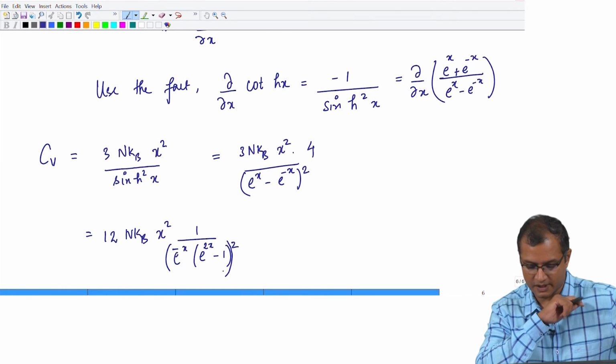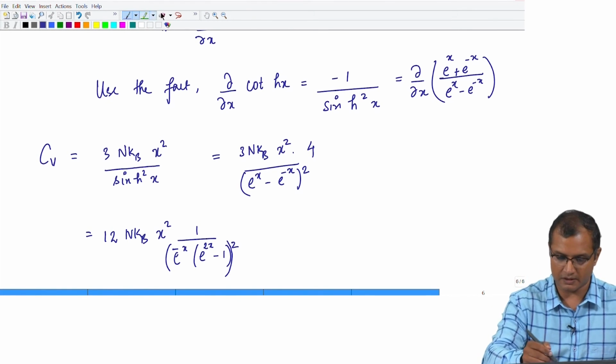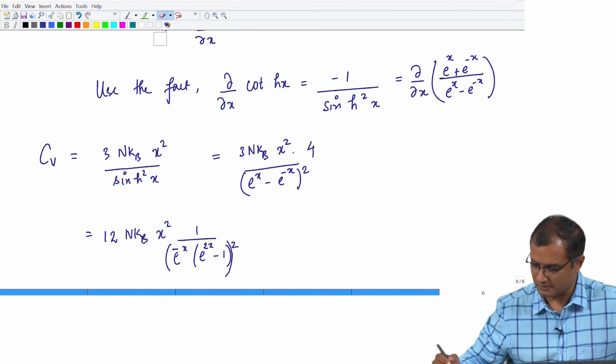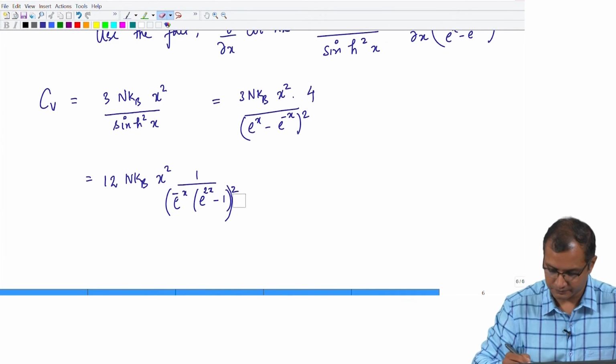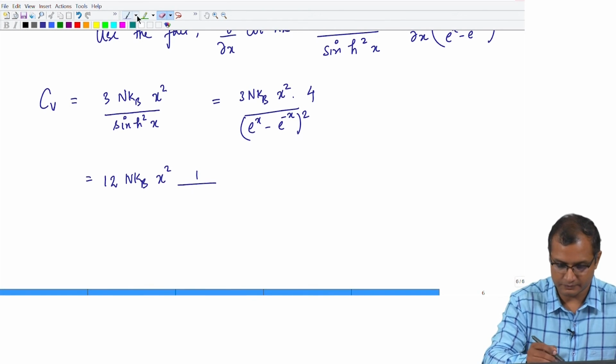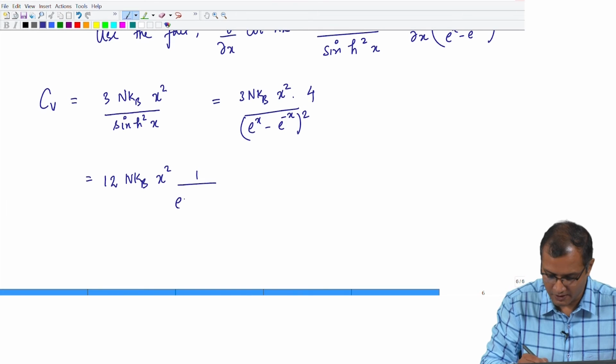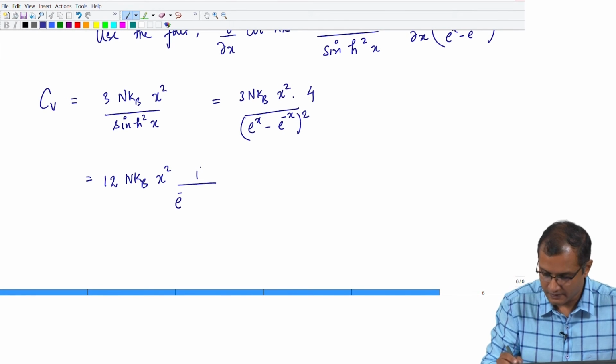Then this goes inside, becomes e raised to x minus e raised to minus x, and the entire square is outside.